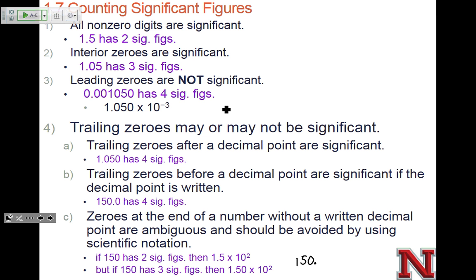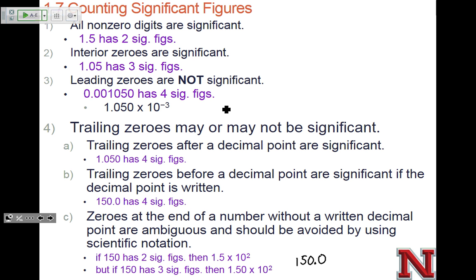And you can't make the mistake of putting the decimal place and putting another 0, because that gives you 4 significant figures. Because, again, trailing zeros after a decimal point are significant. That would mean your uncertainty is in this number. But if you could only measure up to this point, that can't be significant. So you can't make something significant if your instrument isn't sensitive enough for it.